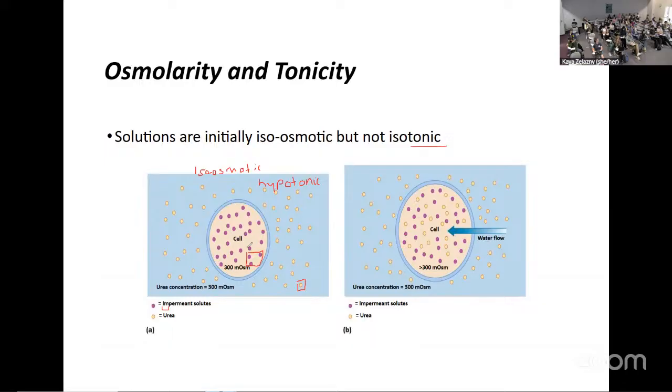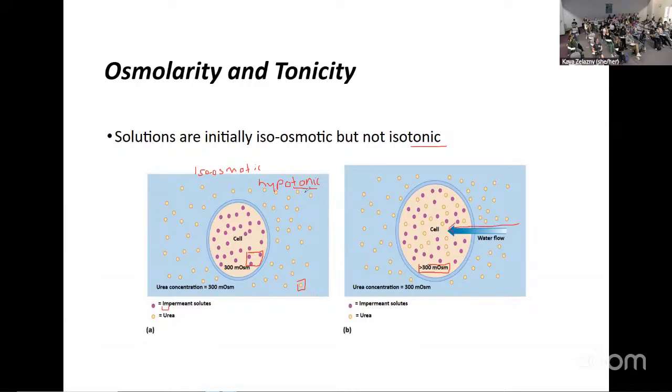So ultimately, because our permeant solute is going to move down its own gradient, we're going to end up with a situation where water specifically follows that tonicity, right? So it ends up moving towards the center of the cell, where we're going to end up with a higher osmolarity at the end because of that movement of our permeant solute, and then water flowing towards that higher osmolarity.